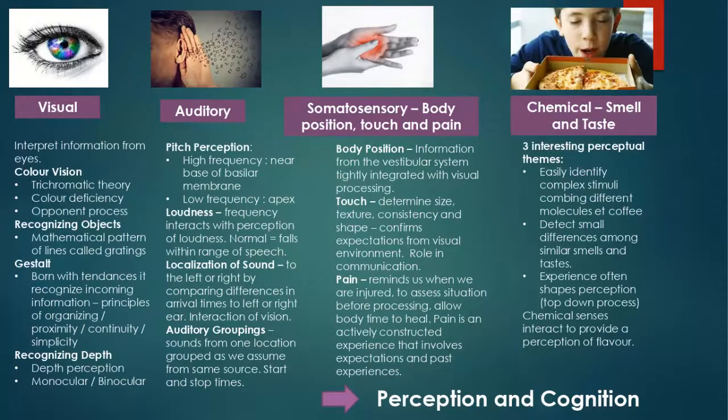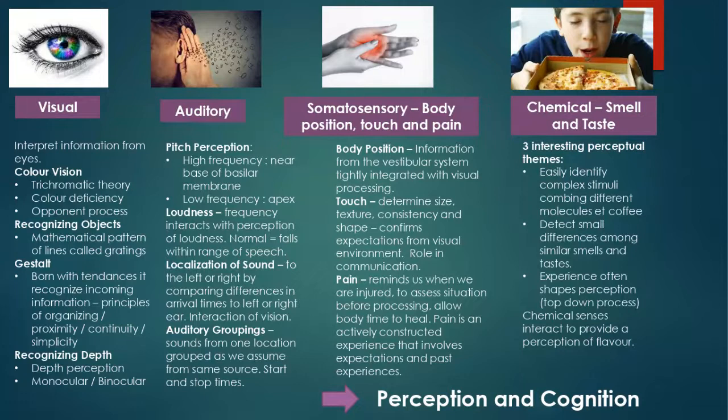And experience often shapes perception. We might have tasted something in the past and not liked it, so how we experience that sensation of taste could be linked to something we've experienced before. That's an example of top-down processing. We already have something in our mind that is going to impact how we perceive that particular taste.